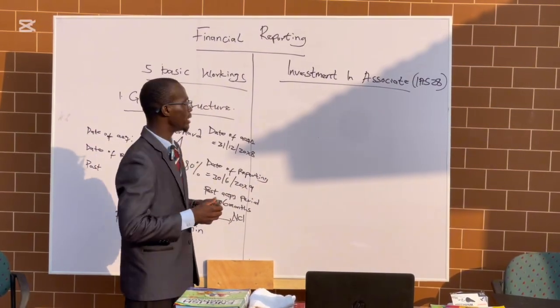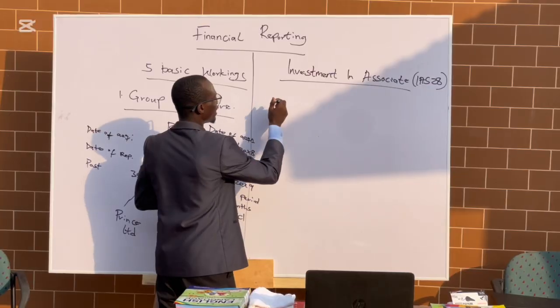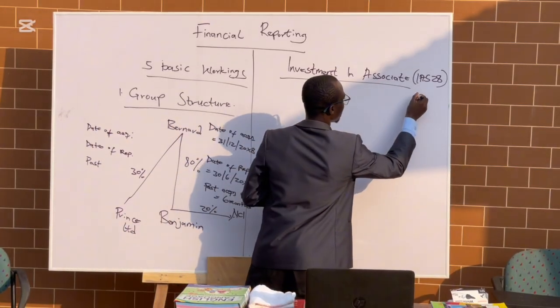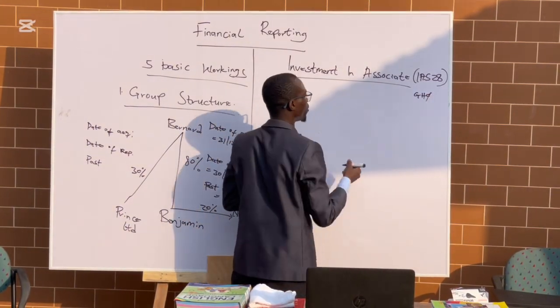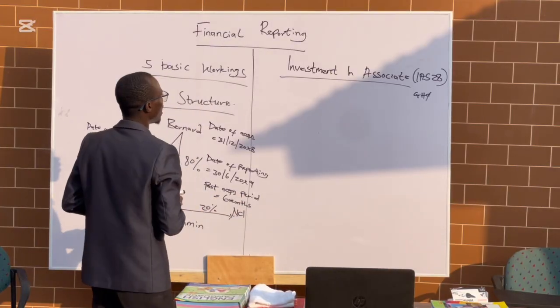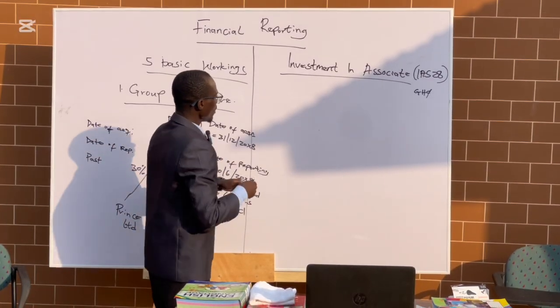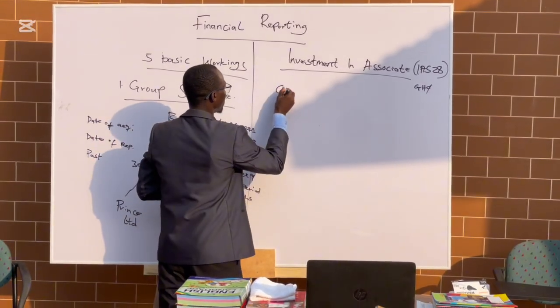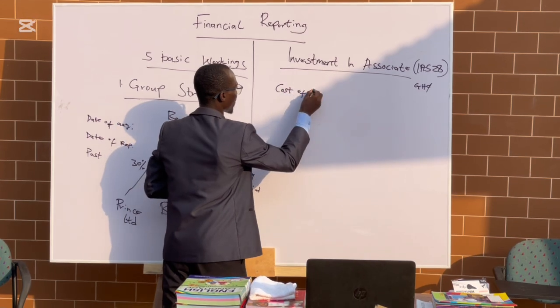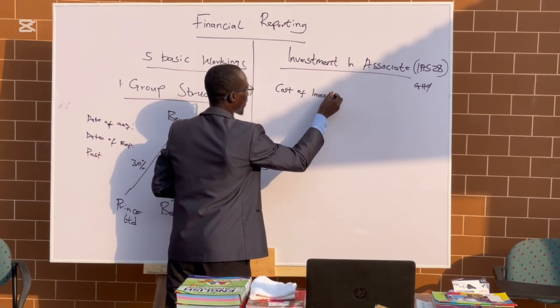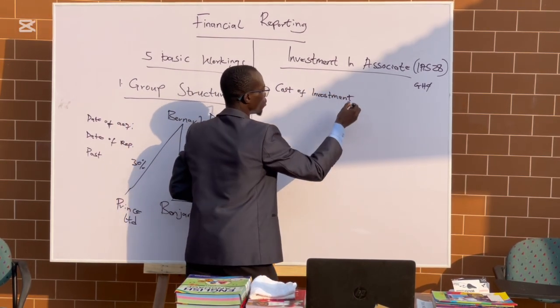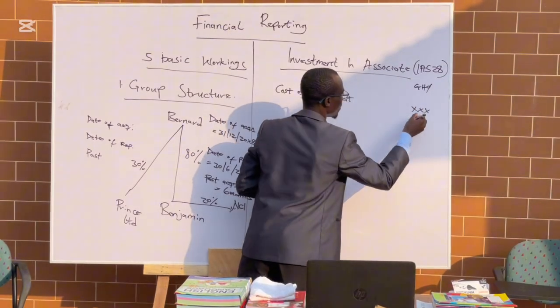So here, let's bring out some of the items that come under investment in associate. The first thing to think of, let me bring my currency sign because of measurement, is that we first have to bring our cost of investment. The cost we incurred, you bring it.